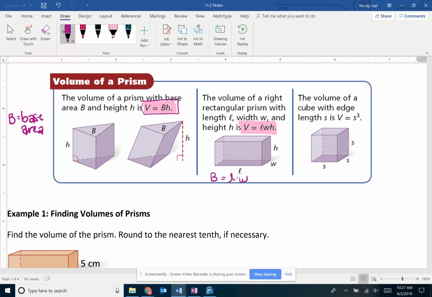And so my base area is length times width and then times height. If I was given a cube, my base area in this case would be this side times this side. So that would be like side squared. And then you have it, times the third side. So even though the formulas look slightly different, it's still the same basis that it is your base area times the height.